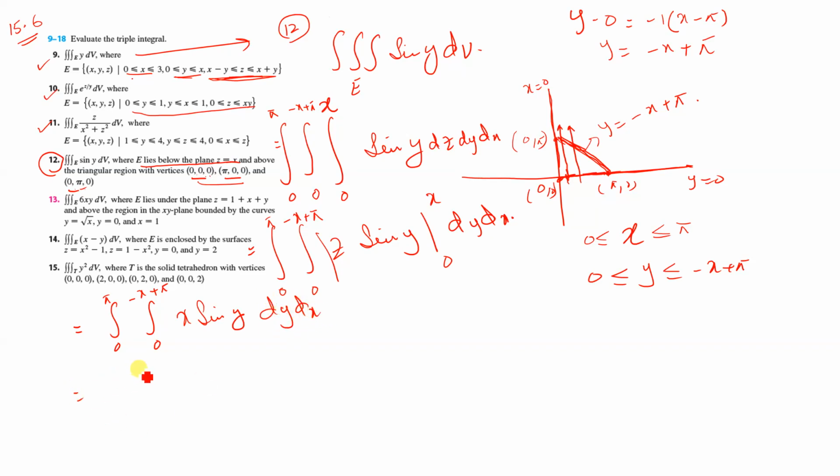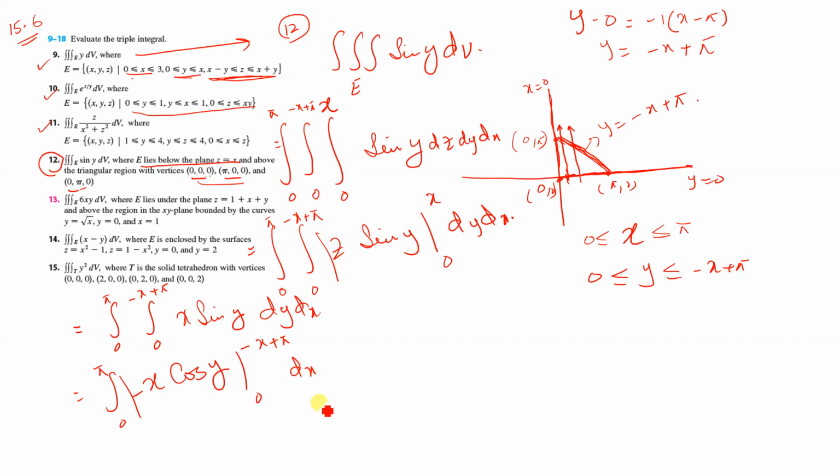Okay, now integrate with respect to y. So we have x times negative cosine y, from 0 to -x plus pi, and dx.